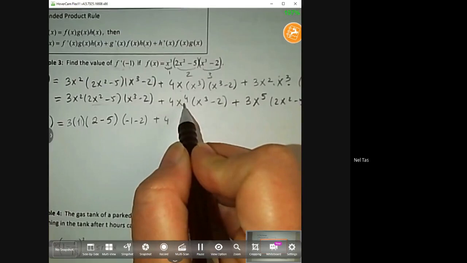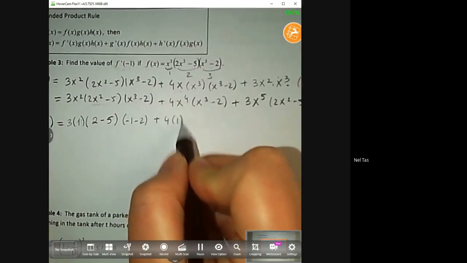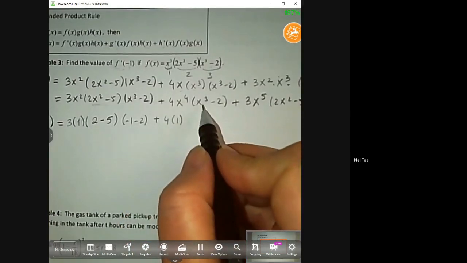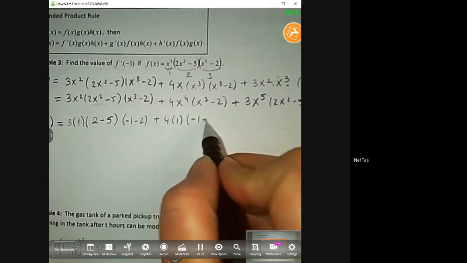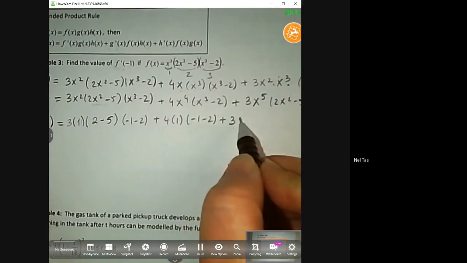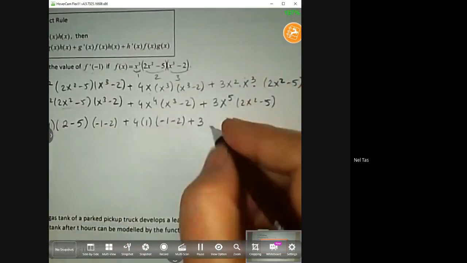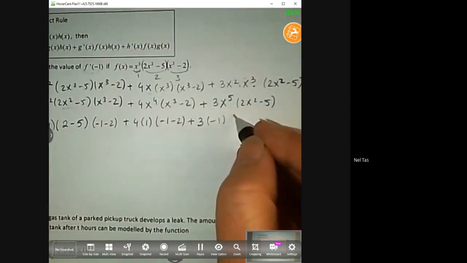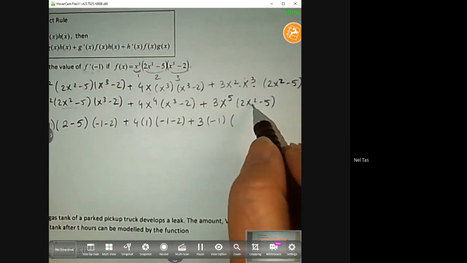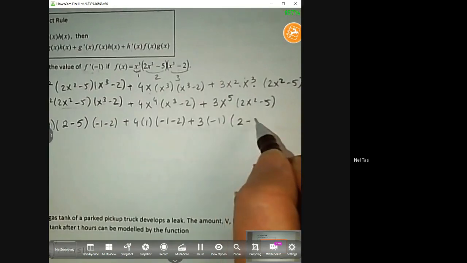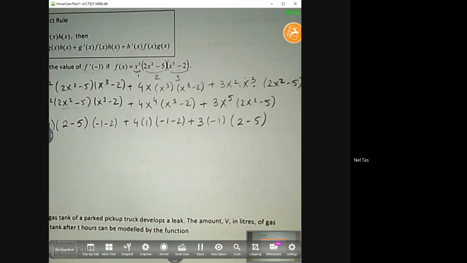Negative 1 to the power of 4 is positive 1. Negative 1 cubed is negative 1. Negative 1 to the power of 5 is negative 1. Negative 1 squared is 1. 1 times 2 is 2, minus 5.